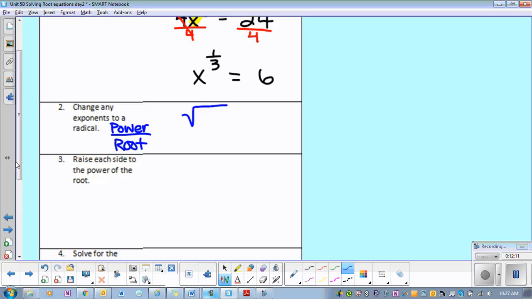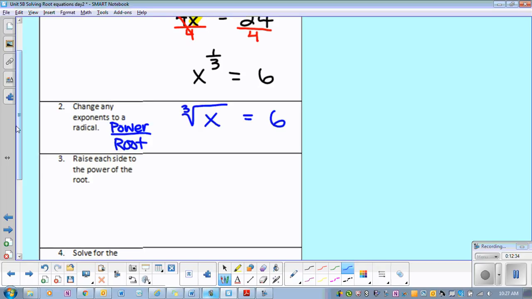What goes inside there? The x. What's the root? What number goes at 3? And the power is 1. Do I have to write the 1? No. Equals 6. There you go. We rewrote it. Not bad, right?